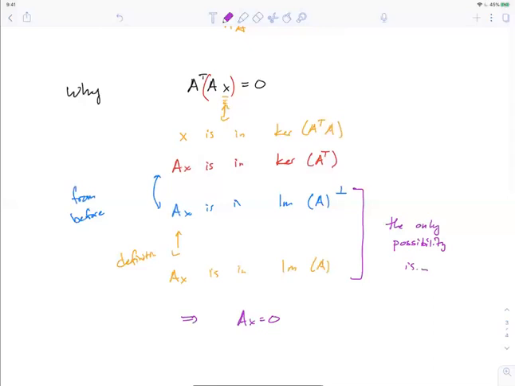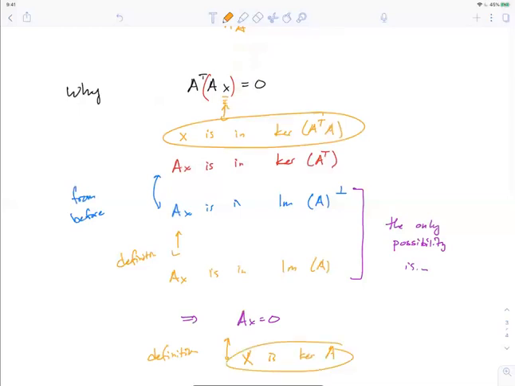And this implies, by the definition of the kernel, that X is in the kernel of A. So we started with the fact that X is in the kernel of A transpose A, and we concluded that X is in the kernel of A. And many of these steps go backwards in the same manner.